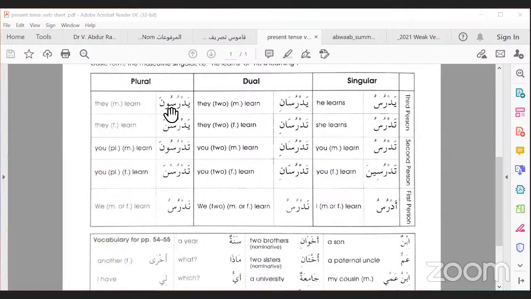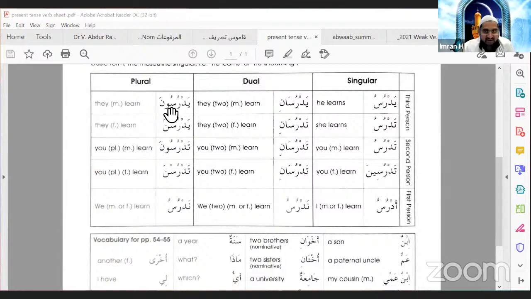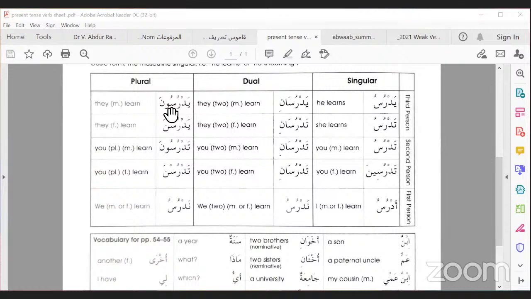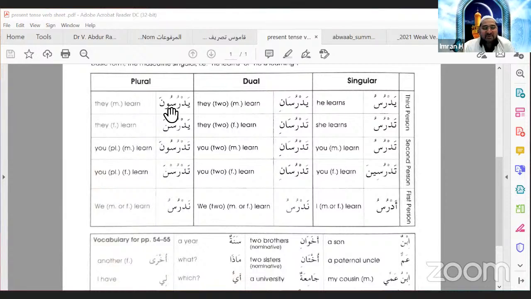Okay, so Sister Batul got a point. Third question. They male learn. تدرسون. Sorry, يدرسون. Sister Batul Andani. يدرسون. Yadrusuna. Okay, I think nobody got the point here. You can specify 2 or more.